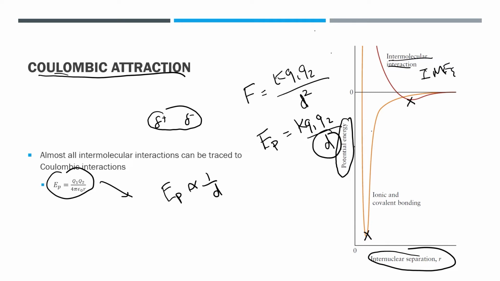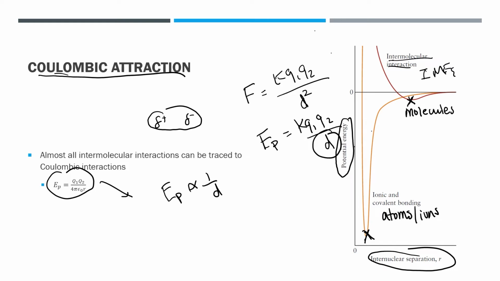The next thing I want to see is the distance at which the minimum potential energy occurs. For IMFs, it's much greater than that of the chemical bond. What does this mean, and why does this make sense? What is participating in covalent bonds and ionic bonds? These are actual atoms and ions, whereas with IMFs, we have molecules.